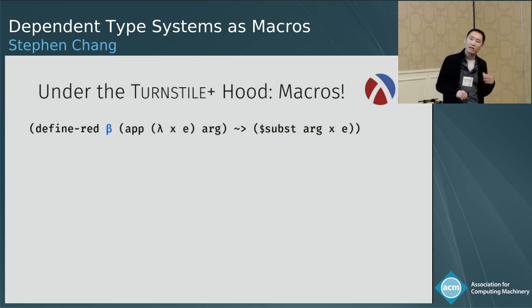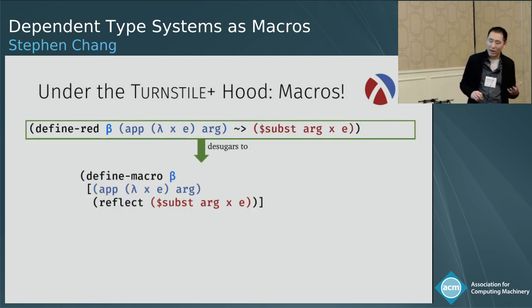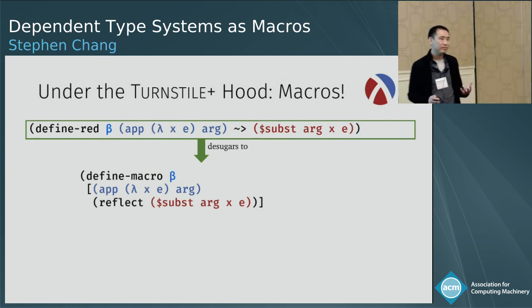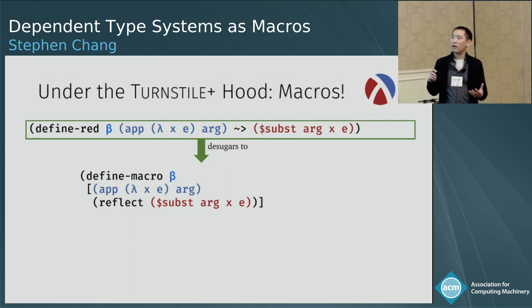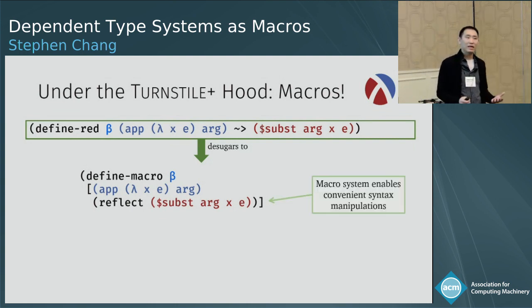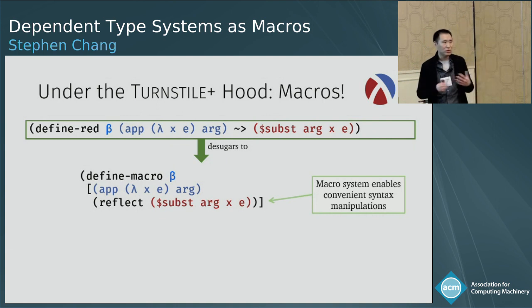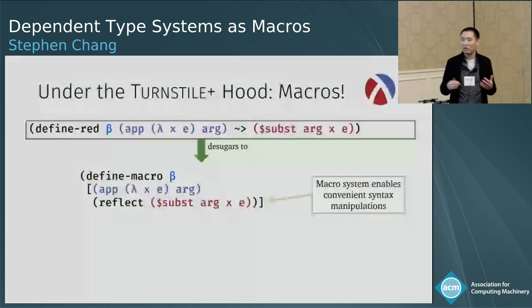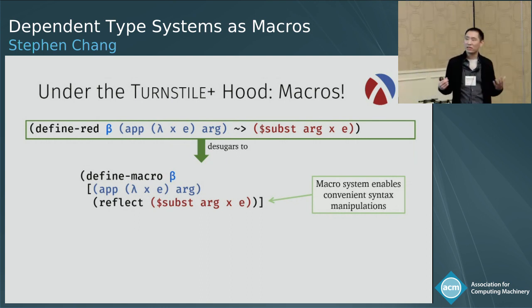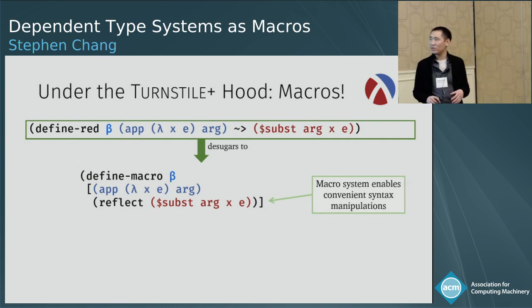Here's the definition of beta that we saw before. When this definition is compiled, it compiles to a plain macro definition. And well, why would we want to do this? That's because when we do type normalization, essentially what we're doing is rewriting one piece of syntax to another piece of syntax, and that's exactly what a macro system is good at, so it's a very natural implementation.